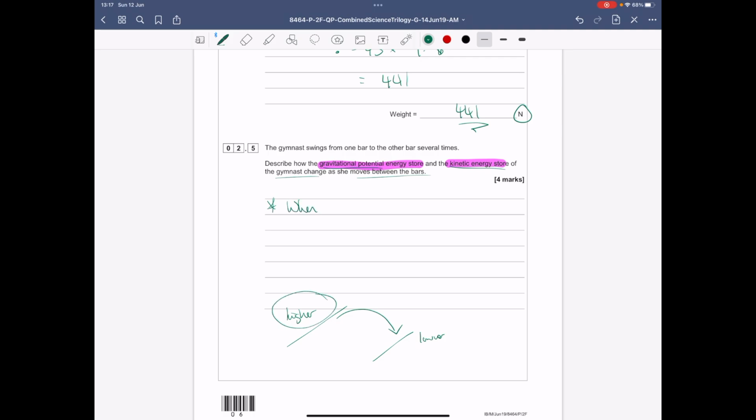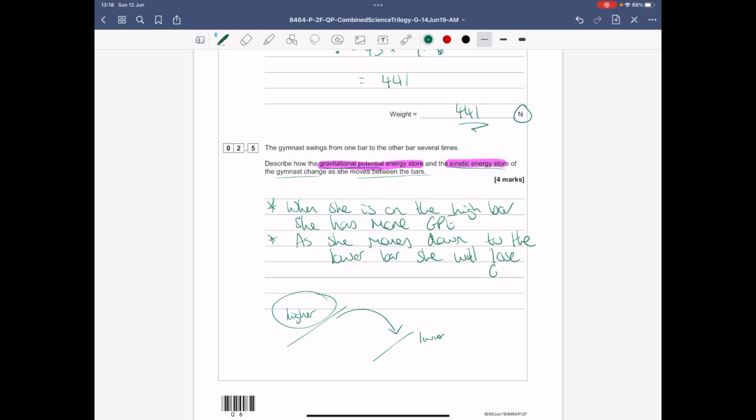When she's on the high bar, as she is higher, she has more gravitational potential energy. Okay? Now, as she moves down to the lower bar, she will lose GPE energy, okay?